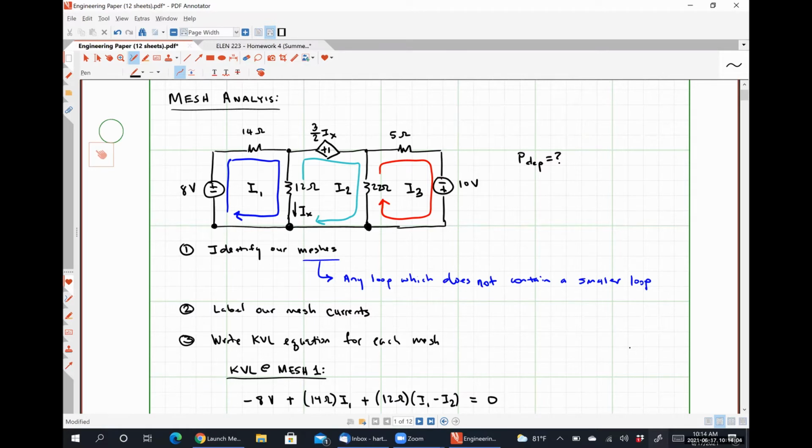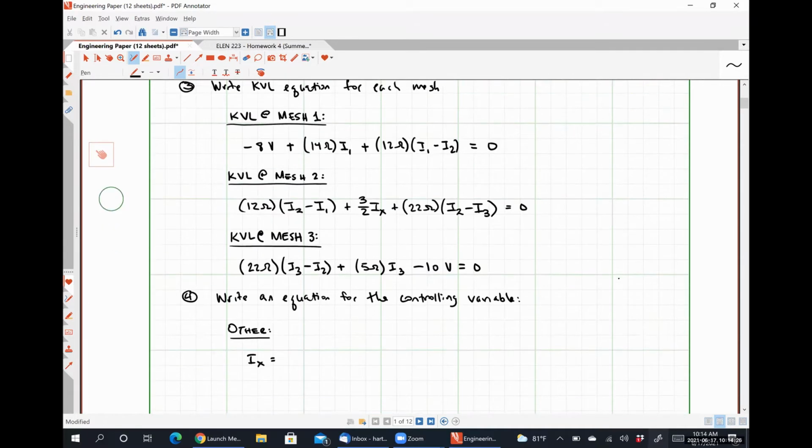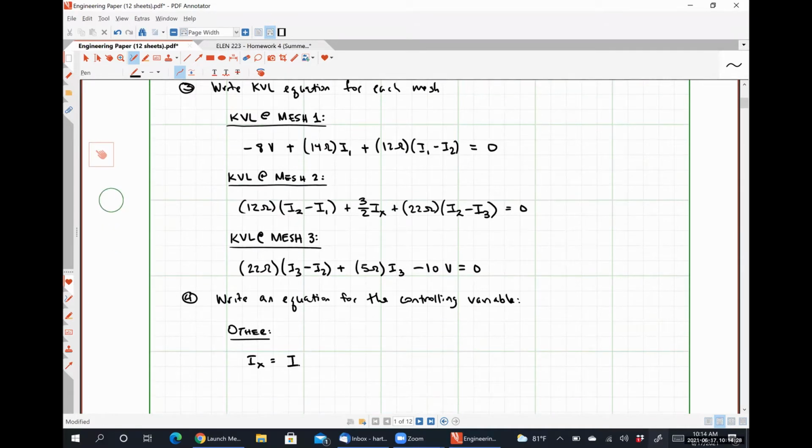So how we are going to express this in terms of our mesh currents is that since I1 is in the same direction as Ix, it will get a positive sign. And I2, the other mesh current that's flowing through that 12 ohm resistor, since it's flowing opposite the direction of Ix, will get a negative sign. So Ix is simply I1 minus I2 for this particular circuit.